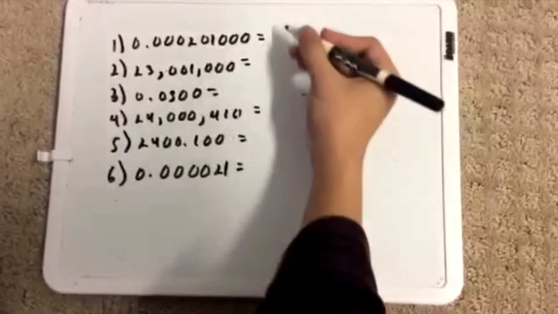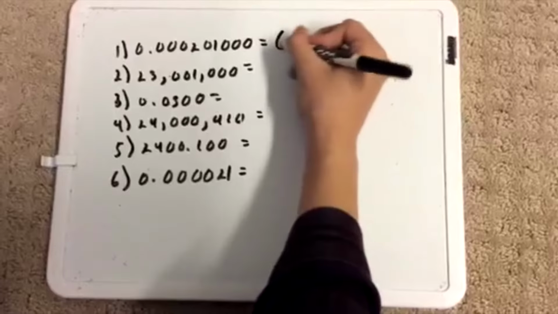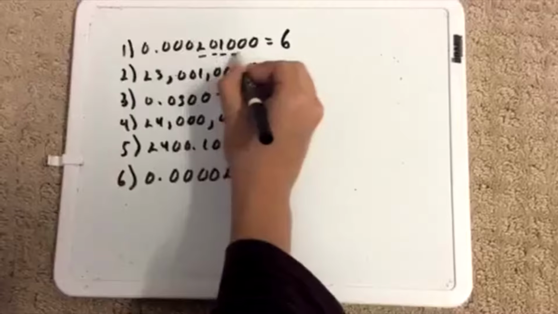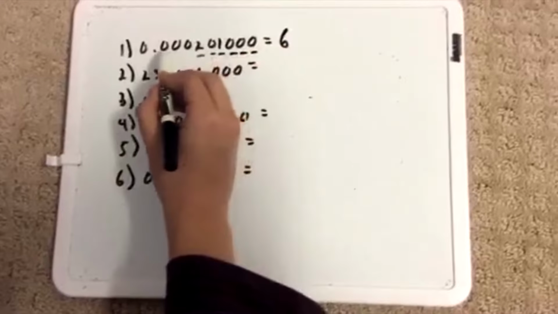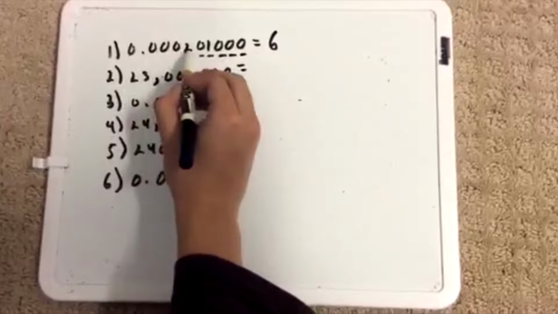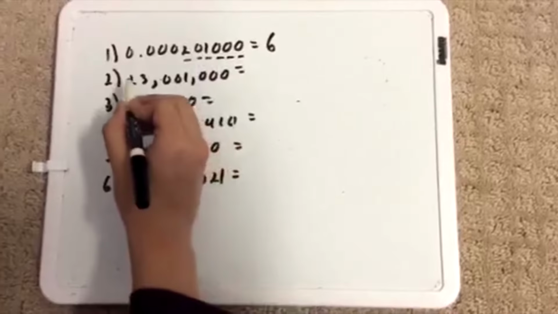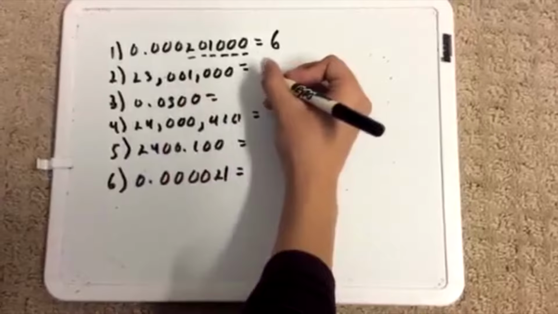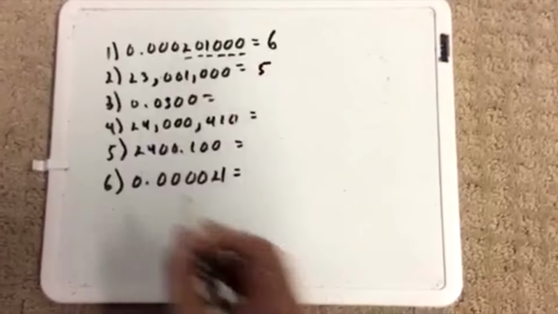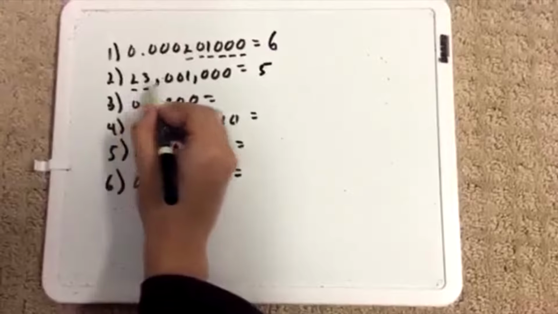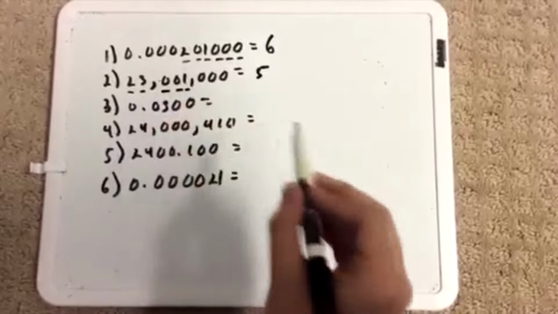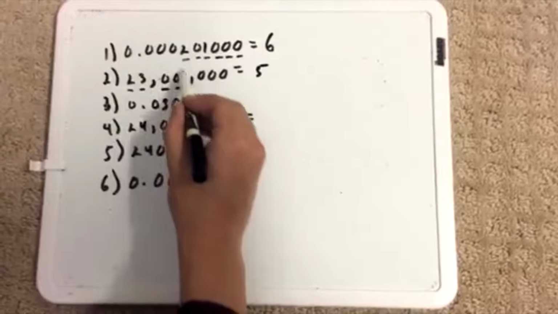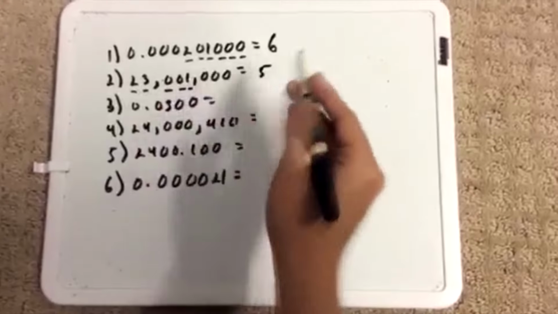For number 1, there will be 6 significant numbers, 2, 0, 1, 0, 0, 0, because these are all behind number 2. For number 2, there will be 5 significant numbers, 2, 3, 0, 0, 1, including these 2 zeros because they're in between 2 non-zeros, 3 and 1.